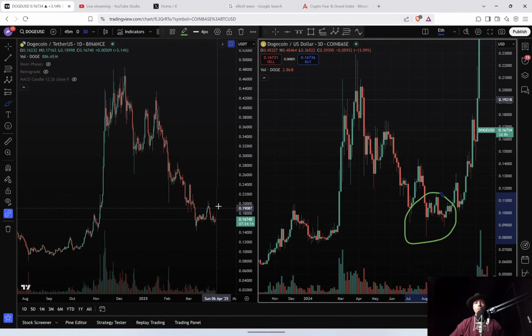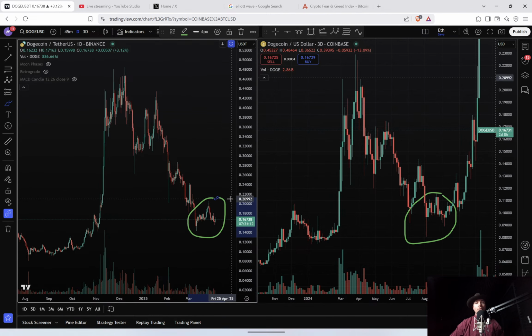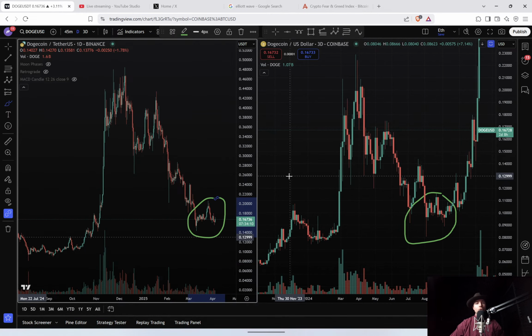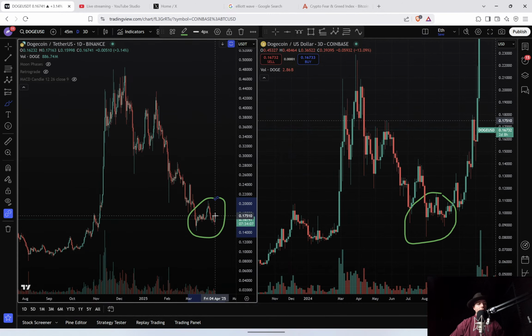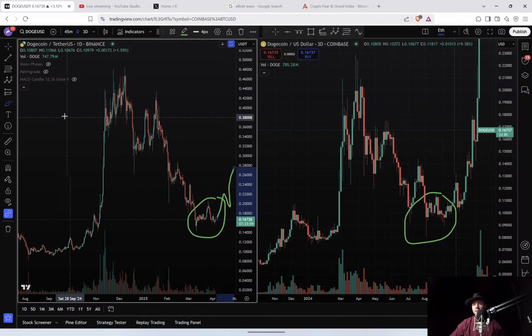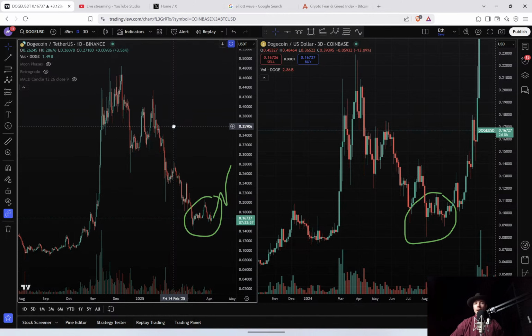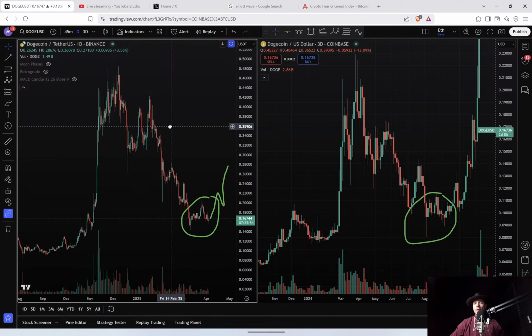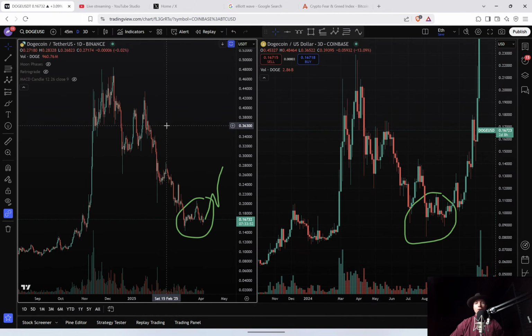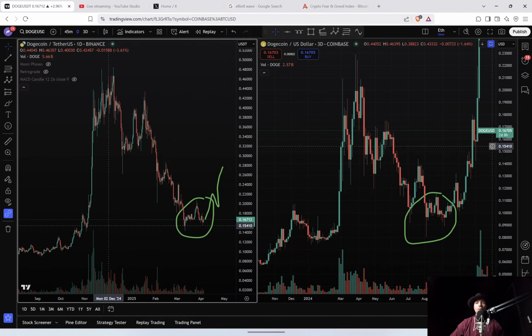What I see on Dogecoin right now is a double bottom forming, and I personally think the bottom could be in for Dogecoin, where we start to turn around here and head up towards local resistance and see some nice upside off of these lows. And what I think could happen is a very, very vertical move, just like what happened last year, where we start to bottom out and we really start to go up.